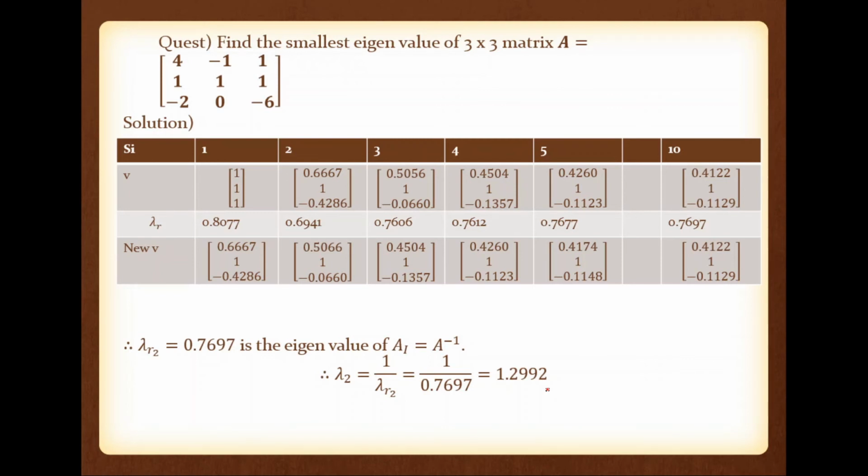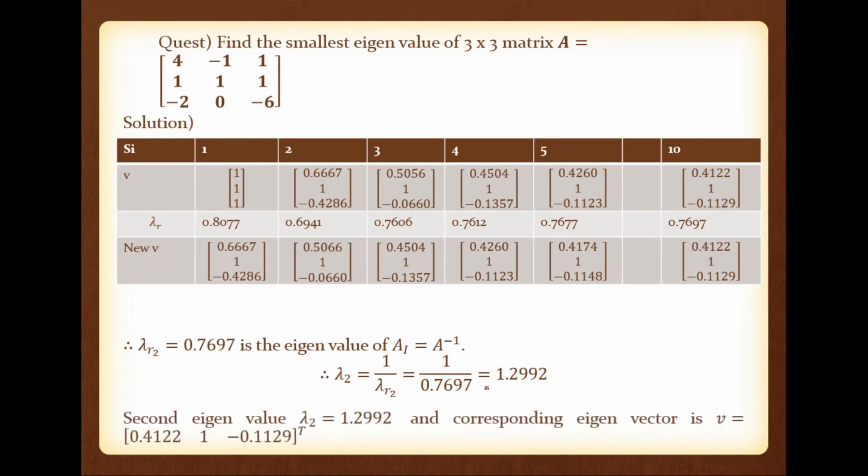So we can conclude the second eigenvalue of the given matrix is lambda 2 equal to 1.2992 and the corresponding eigenvector is V equal to 0.4122, 1, minus 0.1129. Is it okay? So this is the inverse power method.